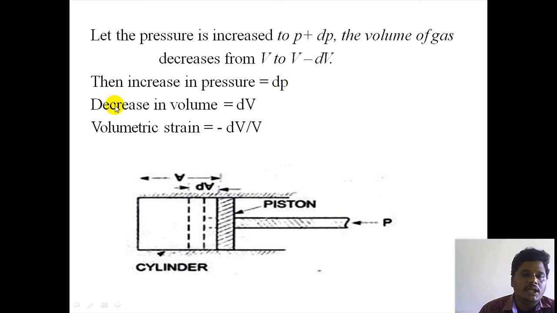Volumetric strain is nothing but change in volume by original volume. The minus indicates there is a decrease in the volume, so it is minus dV by V. Now bulk modulus K is equal to increase in pressure divided by volumetric strain.